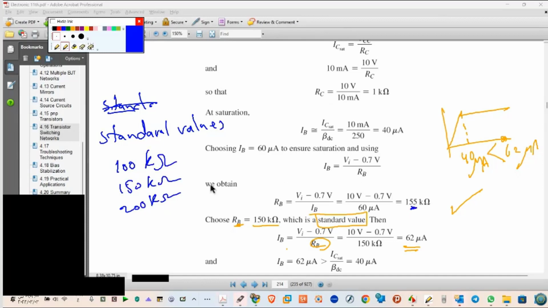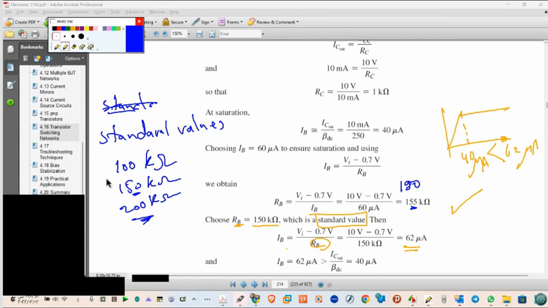For that reason, 150 is near to 150. Let's guess that I have 190, so it's near to 200 kilo ohm. That's the idea. Standard means 100, 150, 200, 250, and so on.